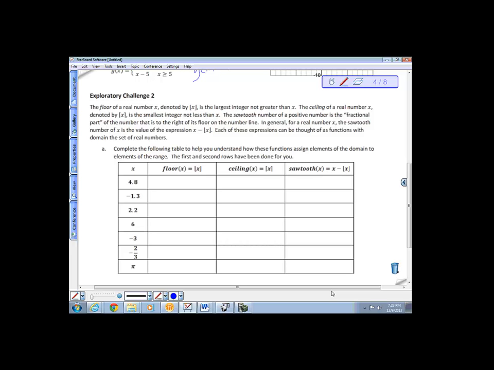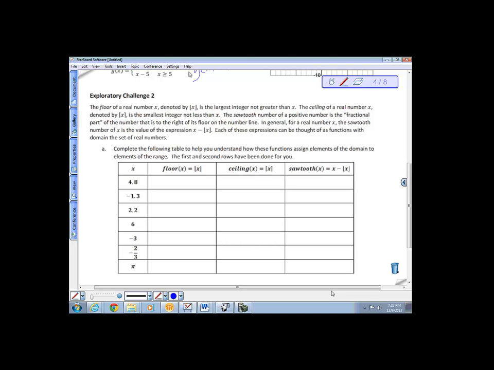The sawtooth of a positive number is the fractional part of the number that is to the right of its floor on the number line. In general, for a real number x, the sawtooth number of x is the value of the expression x minus floor of x. Each of these expressions can be thought of as functions with domain the set of real numbers. What? So what are they talking about there? Okay, so this is the last bit of the lesson.